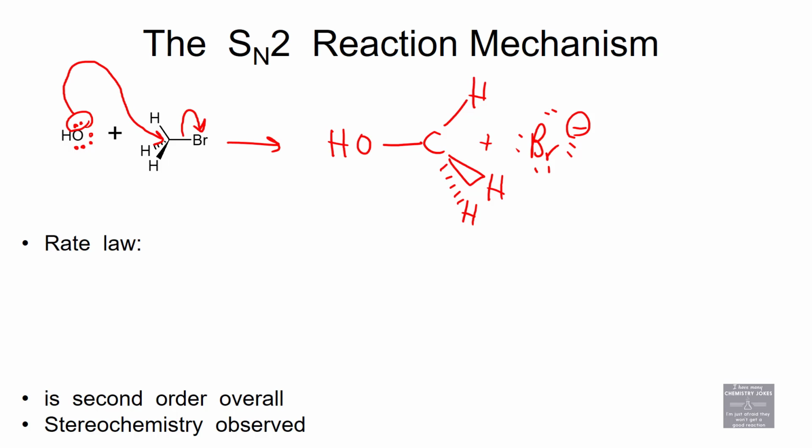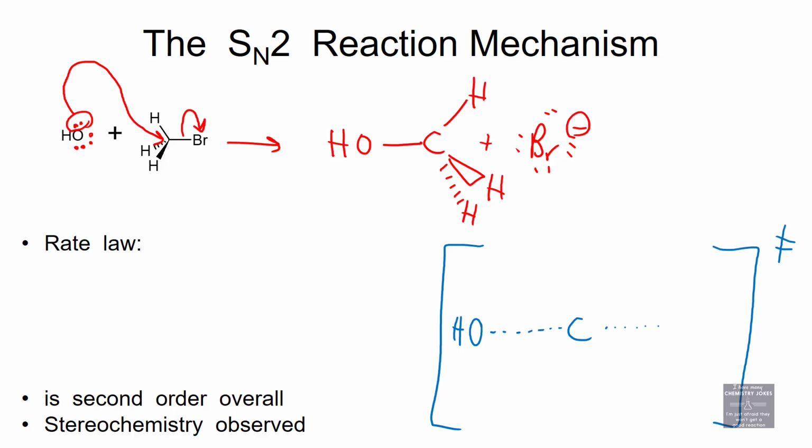Somewhat frequently, when a reaction is concerted, we draw a transition state of that reaction. What does it look like when the bonds are being made and the bonds are being broken? So I've got hydroxide coming in from one side, trying to make a bond to this carbon, and I've got bromine trying to eject on the other side, like that.